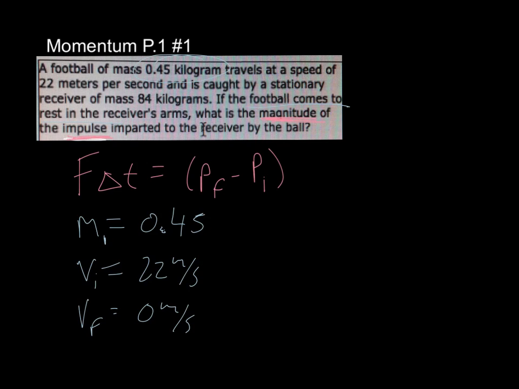Okay. And then we go in to find our impulse. We don't need to know a time or a force. We just know the value of this impulse is going to be whatever PF minus PI is. If you remember back to your momentum equation, momentum is mass times velocity.